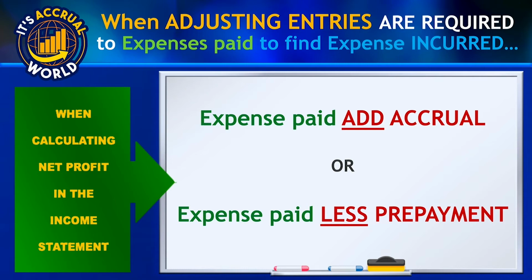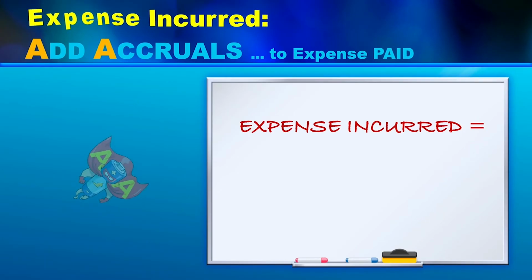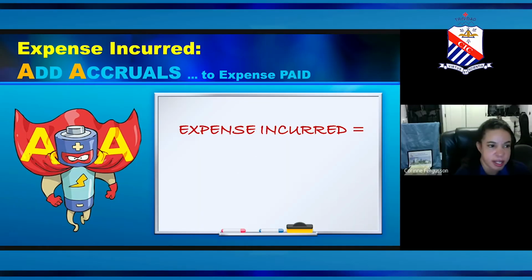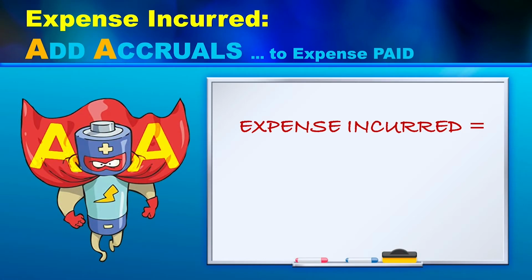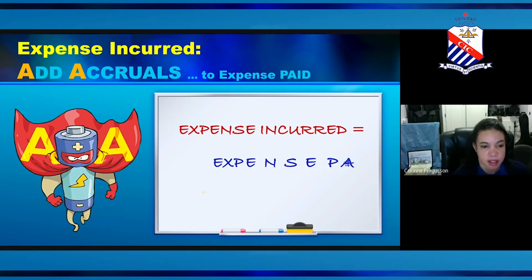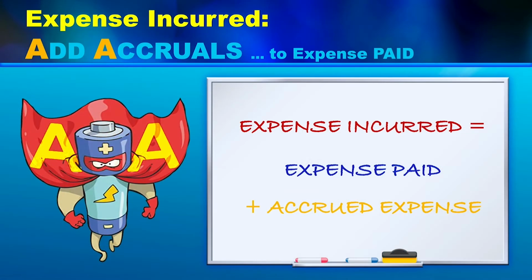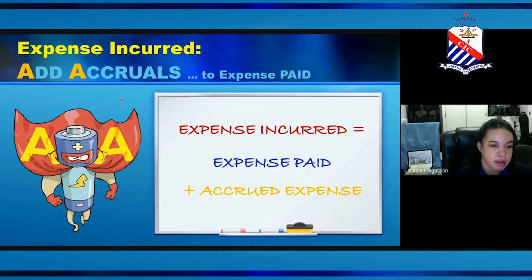So we're going specifically now. Expense incurred, add accruals. Y'all seeing my AA? We are using the battery. Remember this ridiculous looking battery man? AA, what does the double A stand for? Add accruals. See how easy? Add accruals.